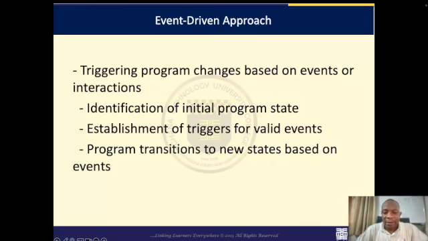The initial state of a program is identified. Then all the triggers that represent the valid events for the state are established. So we will start with one state, identify all the different states that the program can assume, and then develop around those states.